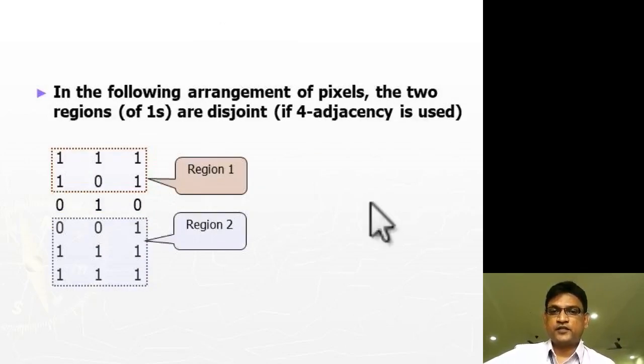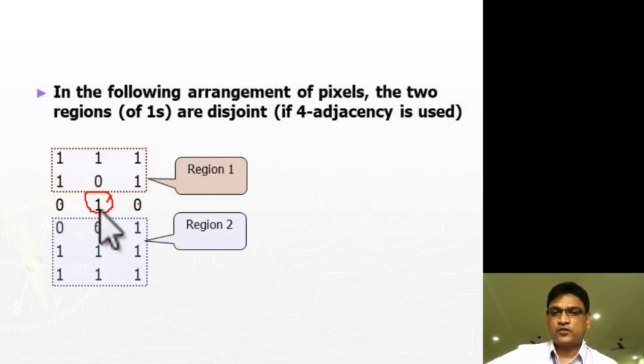And similarly, this is another question where the two regions of ones are disjoint. Disjoint why? Because 4-adjacency is used. So this is a common center pixel for these two regions. In this 4-neighborhood, what is this? This one, this one, this one, and this one. In these 4 neighbors, we are bothered about only these two pixels. Why? Because this one is in region 1 and this one is in region 2.